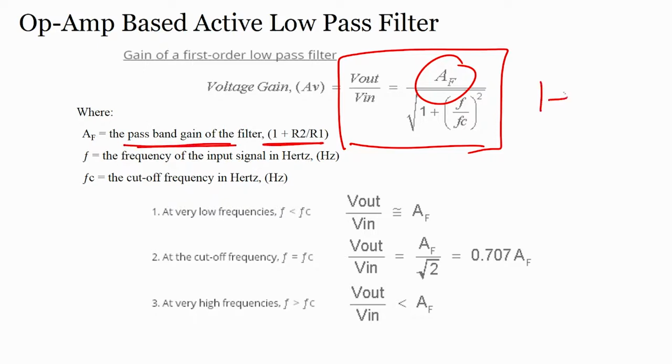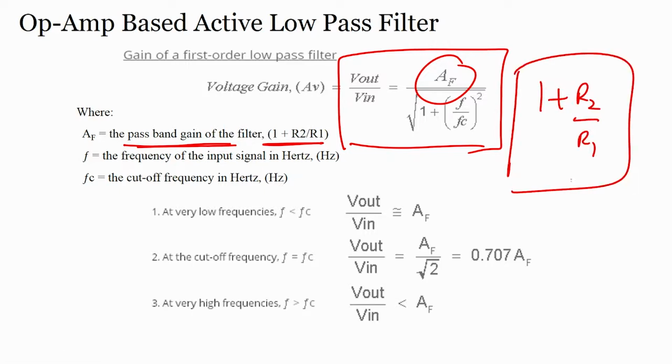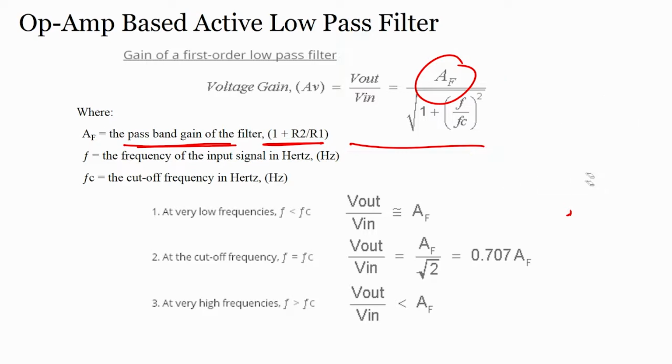Why 1 plus R2 by R1? Why is the pass band gain given by this particular formula? Because we are using a non-inverting amplifier, right. We are using a non-inverting amplifier, that is why this is the formula. So, that is why we have AF equals 1 plus R2 by R1. Okay, excellent.